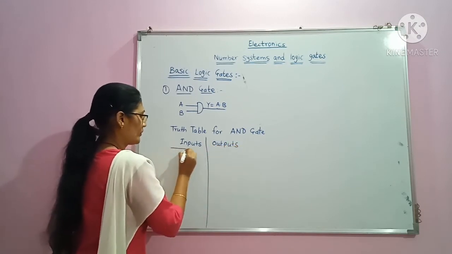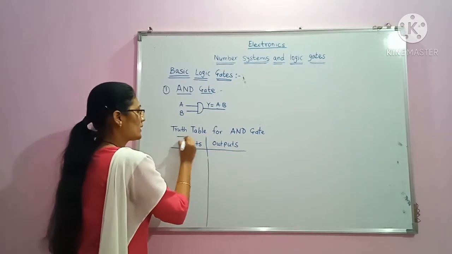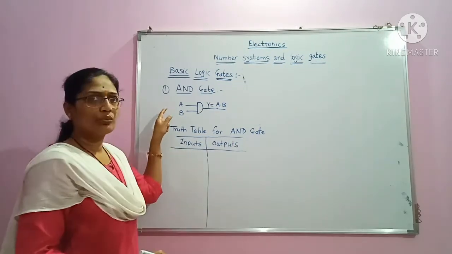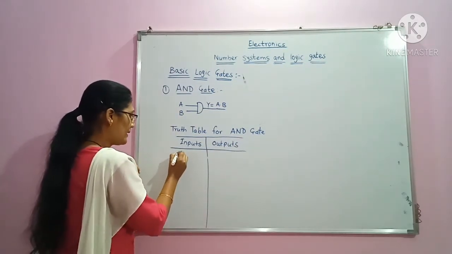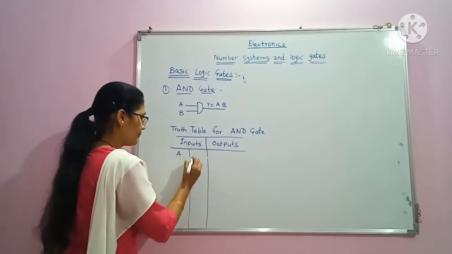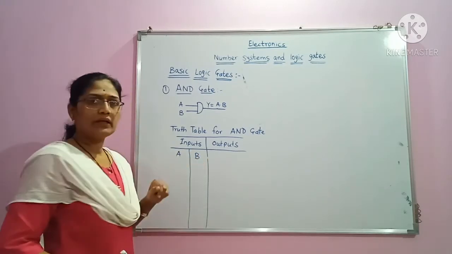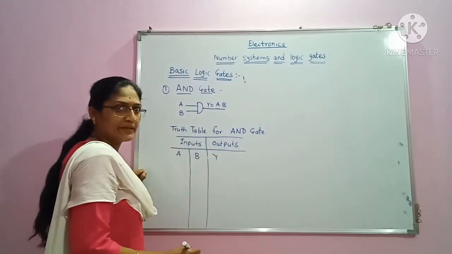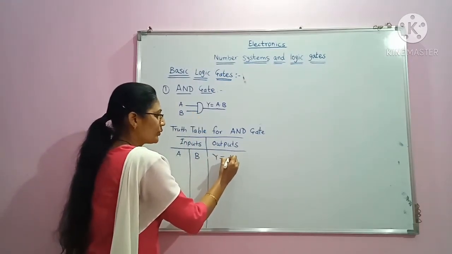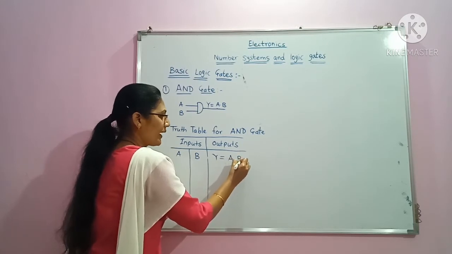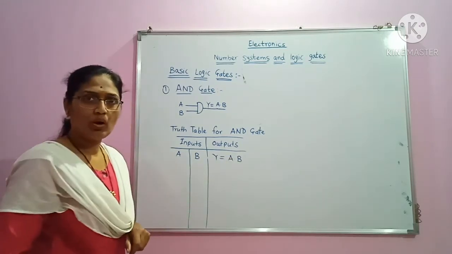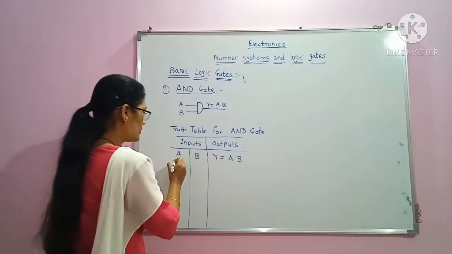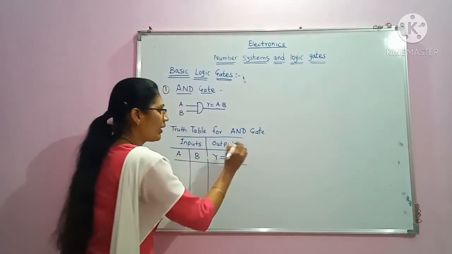Here we have taken two inputs as A and B, and the output of the AND gate is represented by Y equal to the product of A and B, that is the product of inputs. So this is going to become our output.